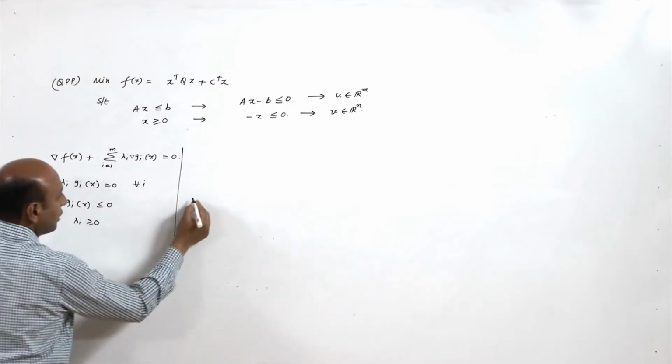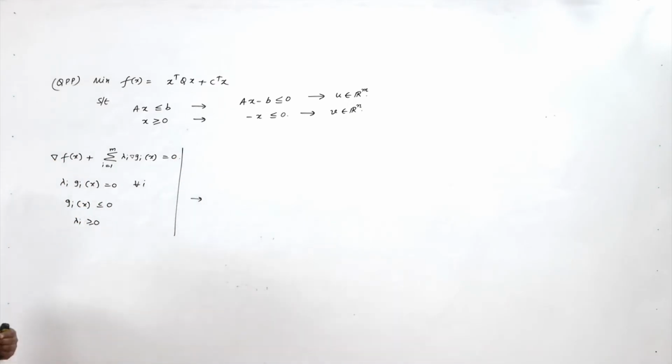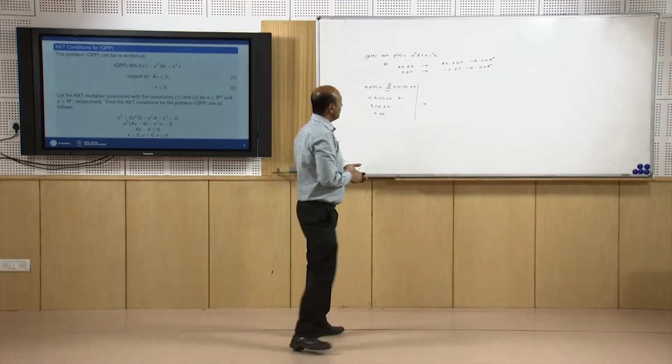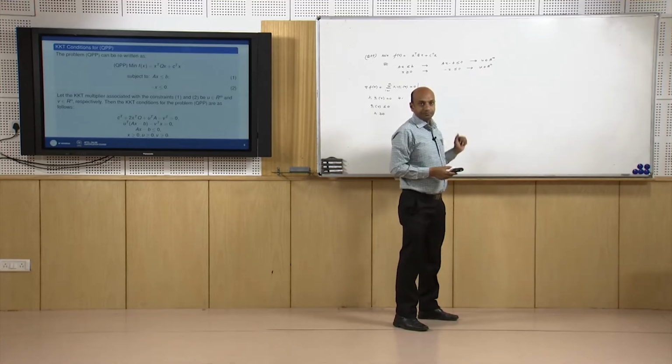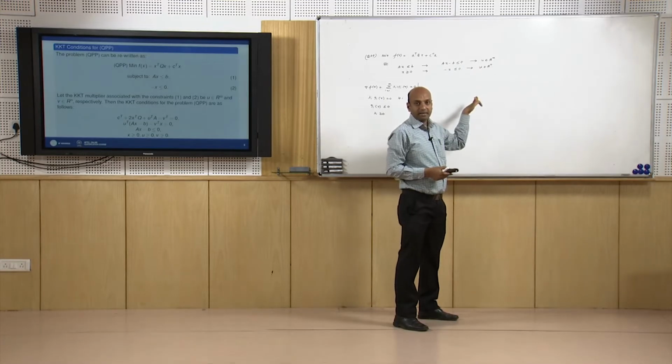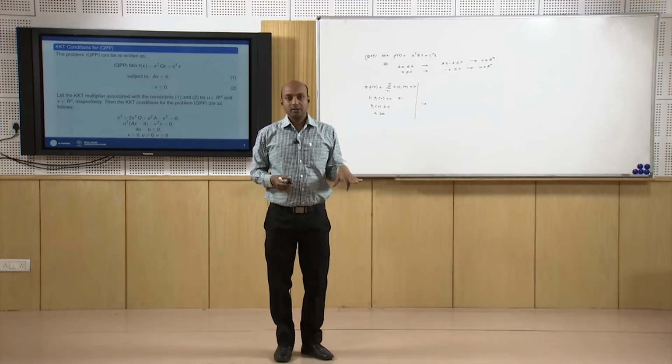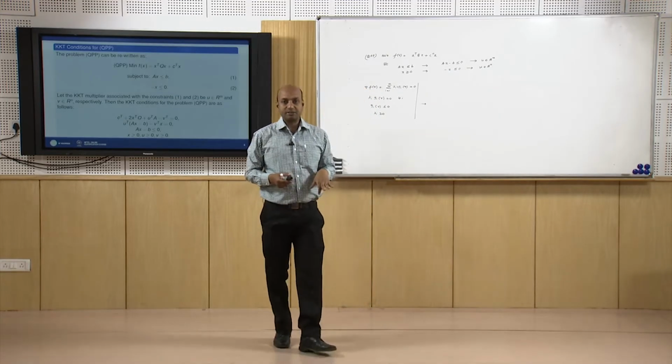Here, instead of lambda i, the KKT multipliers corresponding to the constraints, we are having u and v as KKT multipliers. The objective function is x transpose Qx plus c transpose x.